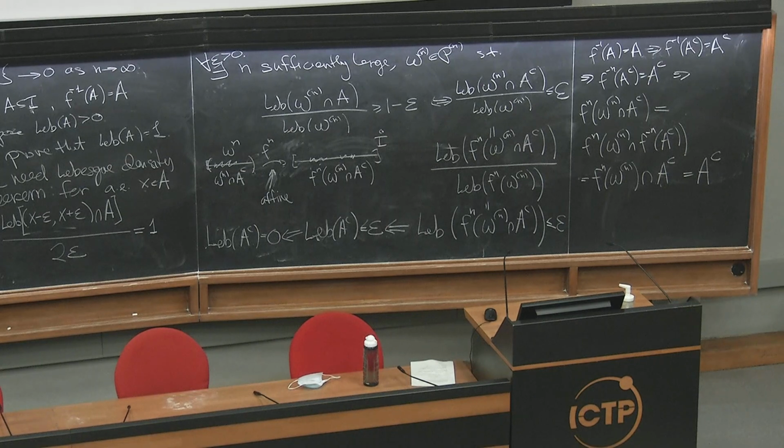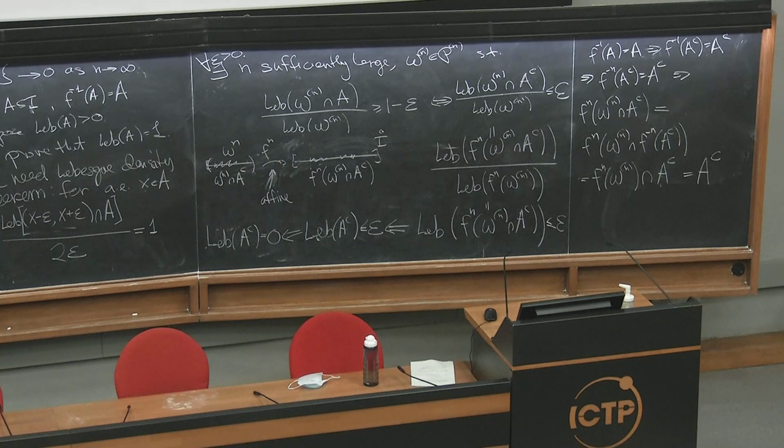As you can see, it's a very simple proof, but it contains a couple of key points which I just want to make a remark on for the future, because we, as mathematicians, always want to look for possible generalizations, right? So we've used here the fact that it is piecewise affine, right?